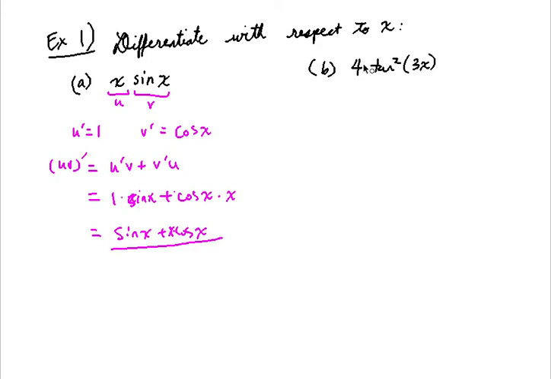Okay, so I have a 4, so that's going to remain the same when I take the derivative, right? 3x is my inside function. And I also have a tangent squared. Well, I haven't seen a tangent squared before, but what does that mean?